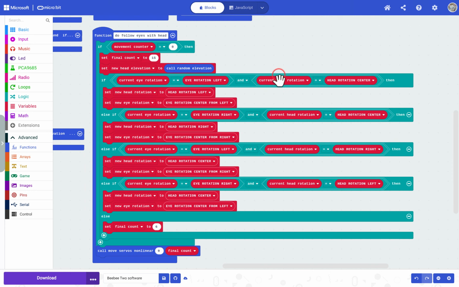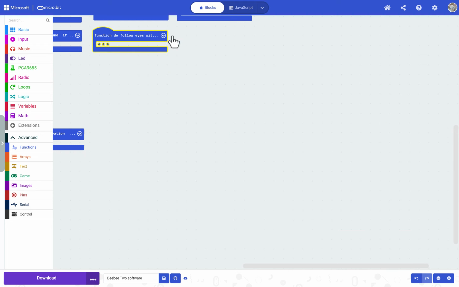So we're, 1, 2, 3, 4. And then we're doing exactly the same thing, setting the head and the eye, depending on which way we want it to go. And that's a fine thing. Okay. So that's pretty well cleaned up.